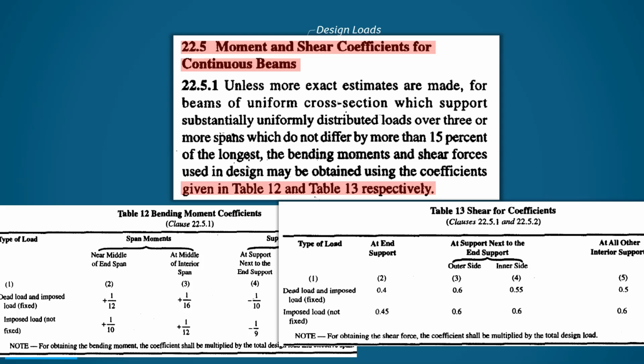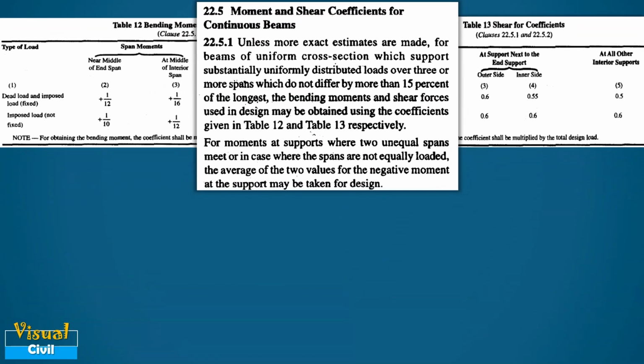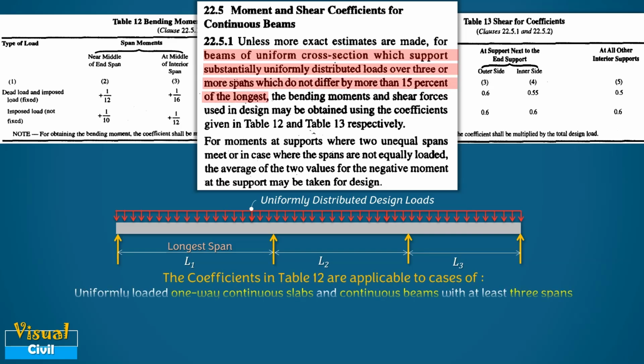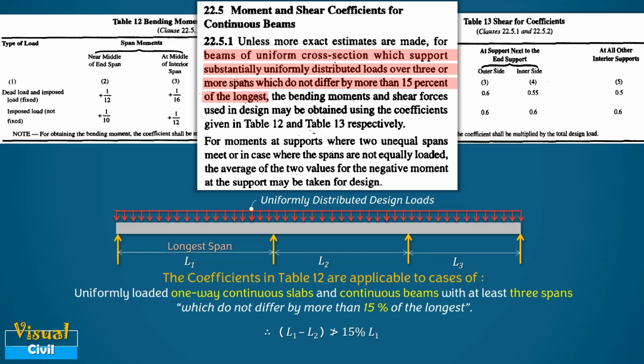The values computed using these coefficients are close to the exact values of bending moment and shear force obtained from rigorous analysis. These coefficients are applicable for uniformly loaded one-way continuous slabs and beams with at least 3 spans which do not differ by more than 15% of the longest.